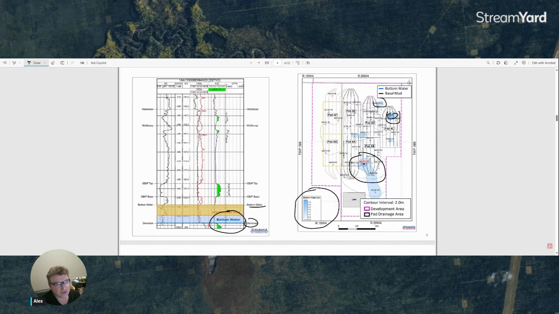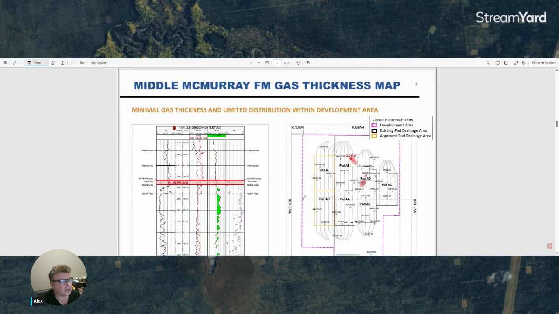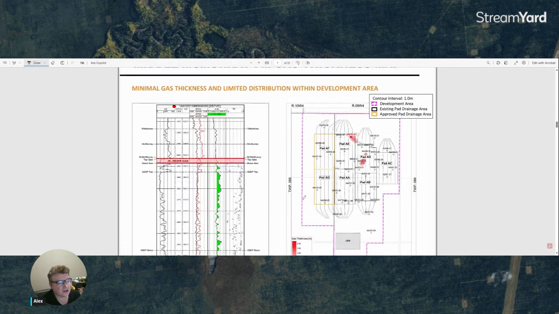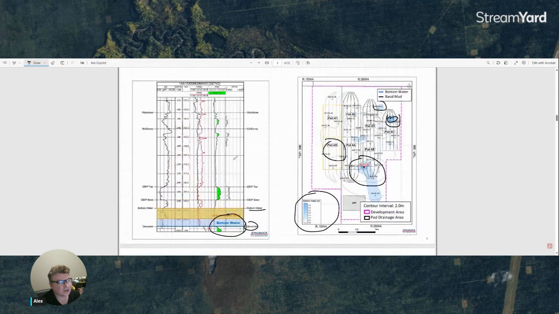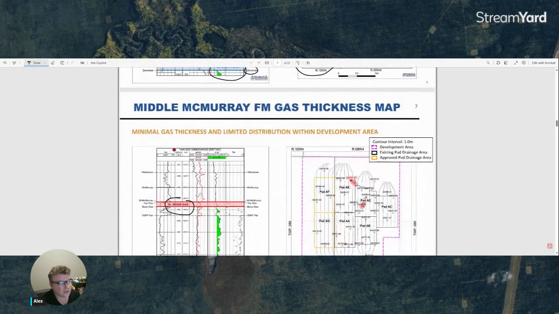Maybe in this section right here we have bottom water at a height of like 3 meters, which by definition is a highly saturated, high pay water zone, whereas in other locations like PED AG we don't see bottom water, which is a positive. Here they're talking about minimal gas thickness and limited distribution within the development area. Again, above the pays, we could have top gas. So in this case, they're talking about bottom water, and here we can have top gas.